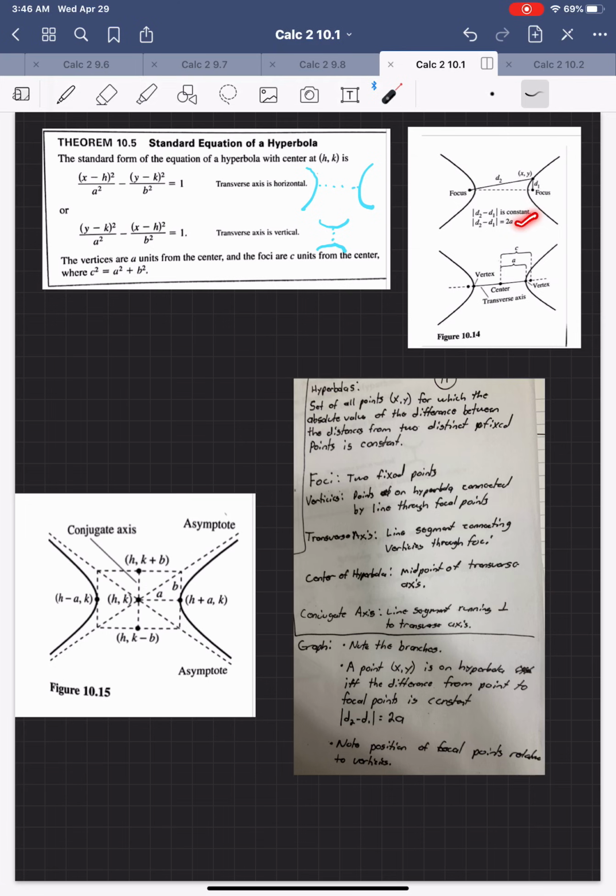Sorry, that was a little bit cluttered. So 2a. Just like with an ellipse, let's discuss what we are saying when we say a, b and c. My apologies, it's just that my eyesight's not that great.